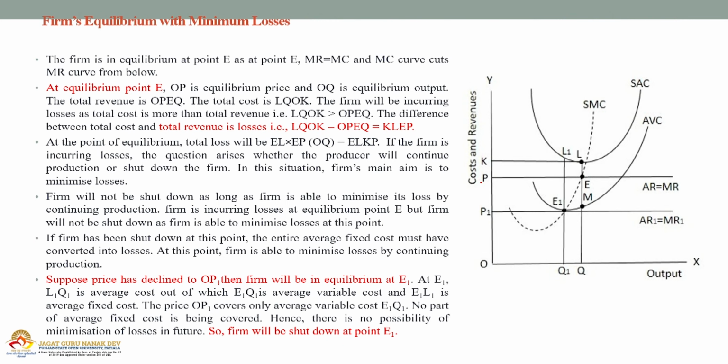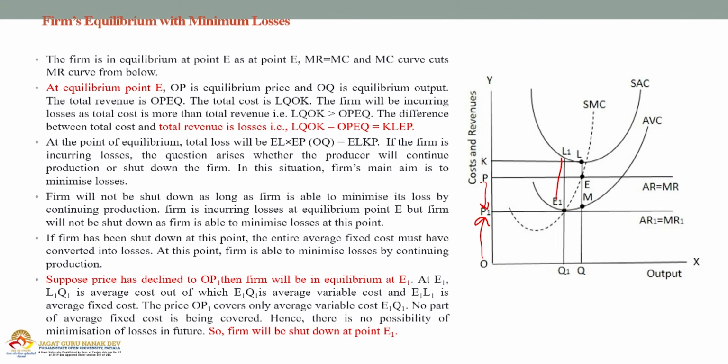Suppose the price has declined from this to this, only to P1, clear, OP1, then equilibrium will be at point E1, clear. At E1, L1, Q1, this is average cost, out of which E1 to Q1 is average variable cost and E1 to L1 is average fixed cost.